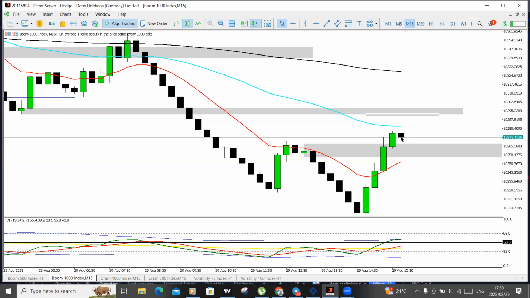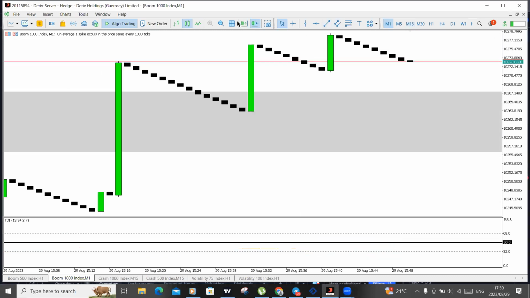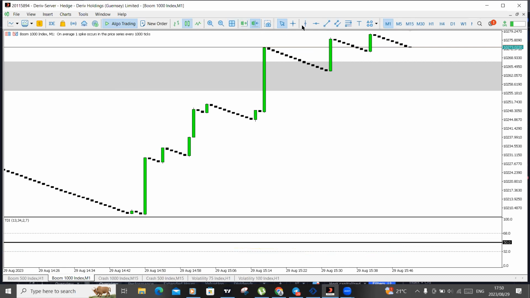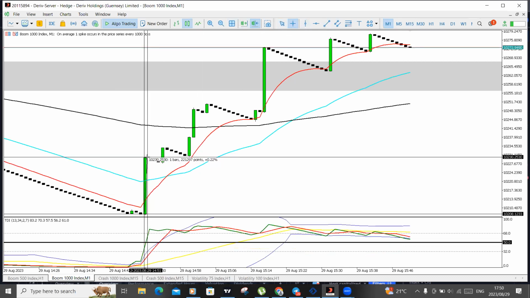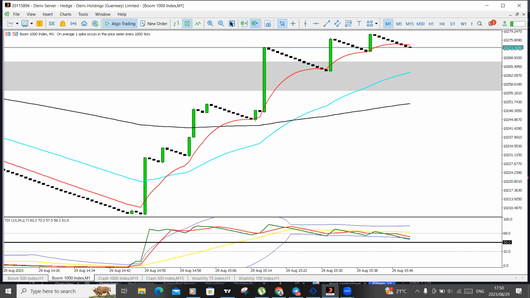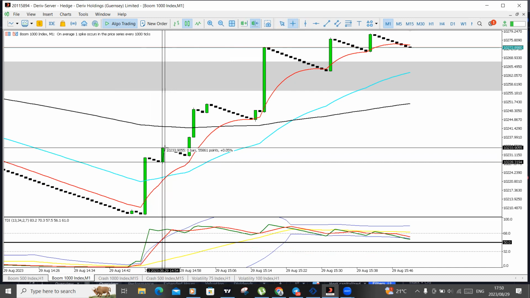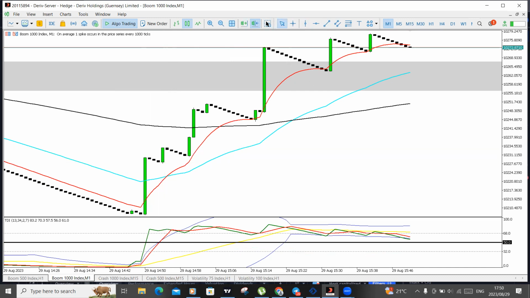So we literally need one good spike to the upside to hit our TP, because usually Boom 1000, if you want to check if it's really moving, if you calculate the size of the spikes, you see that this one spike was 22 pips. It usually moves in 20s or 15s. They can have smaller ones like this, which is about 5.